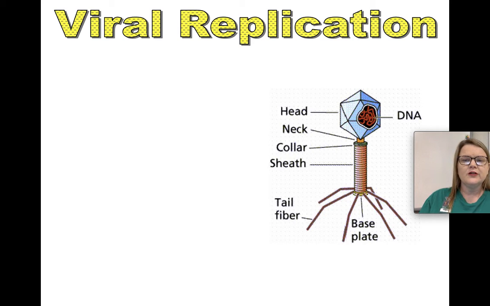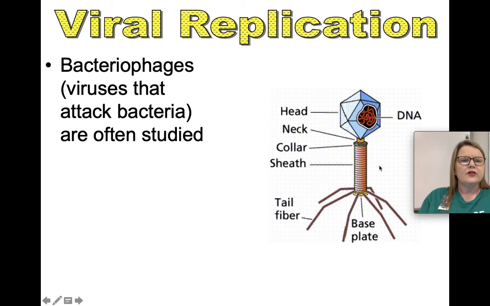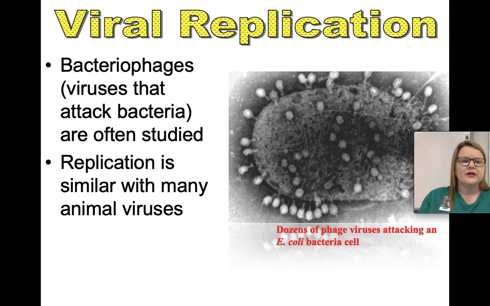Viral replication. Here's again some of the parts of a bacteriophage listed here. Tail fibers, base plate, sheath, collar, neck. The head is where the capsid is, and on the inside of that would be the DNA. So bacteriophages, viruses that attack bacteria, are often studied.